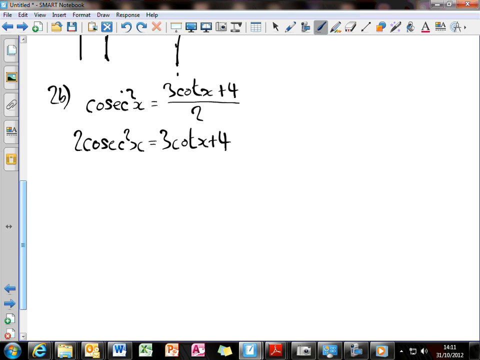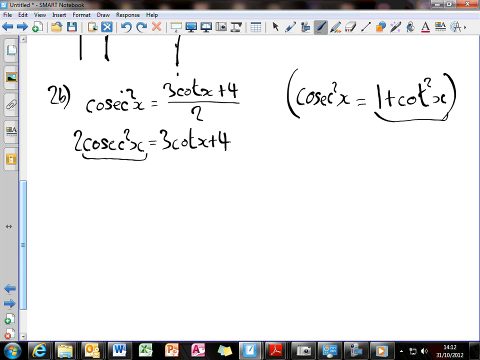So the identity we're using is cosec squared x is equal to 1 plus cot squared x. So what we're going to do is change this cosec squared x for 1 plus cot squared x.